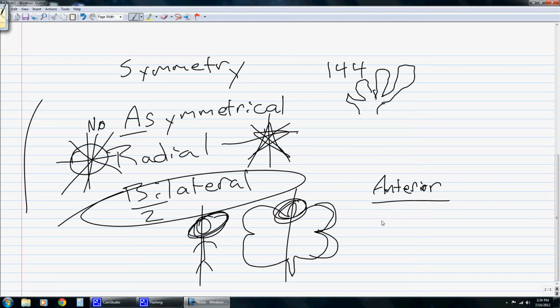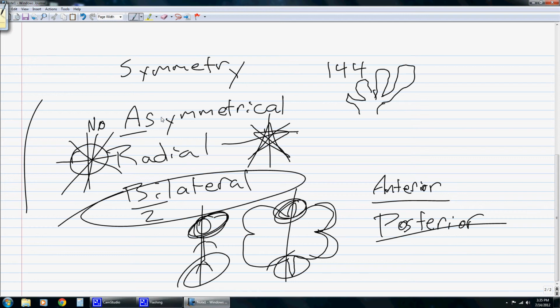And then the opposite, which would be the bottom part, would be called the posterior. The posterior is going to be the back end, or in humans you think of your butt end. So everything towards the head, the sensory organs all get pushed up whenever you're talking about bilateral animals.